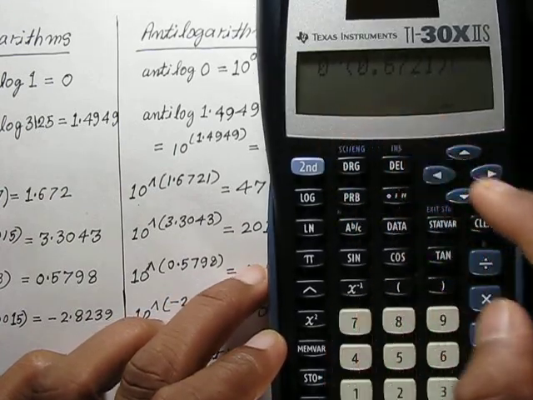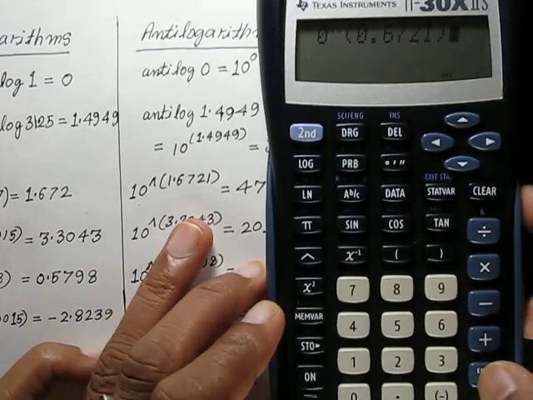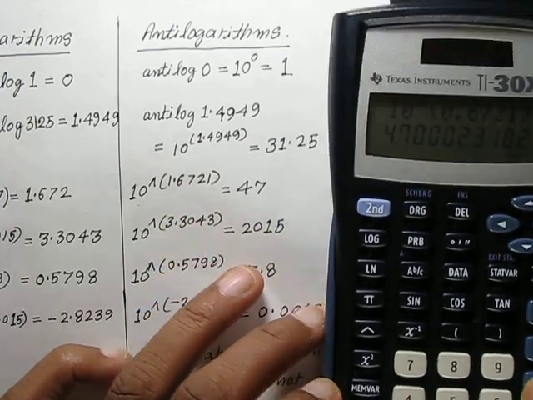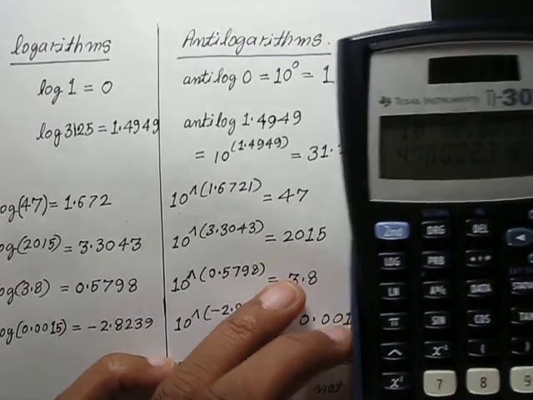So 10 cap, parenthesis, all the power number, then equal to. I am getting 4.7.